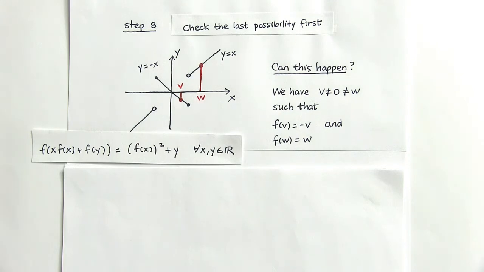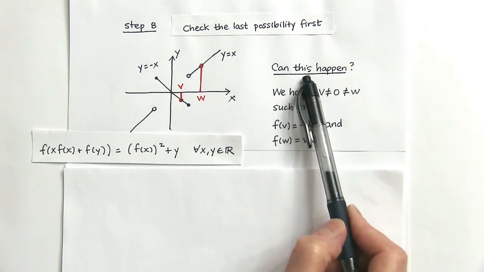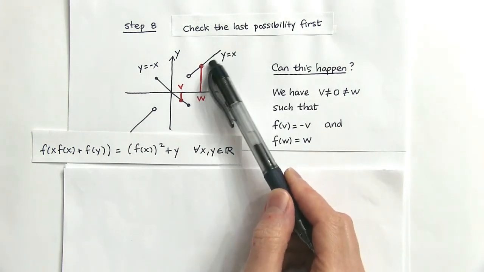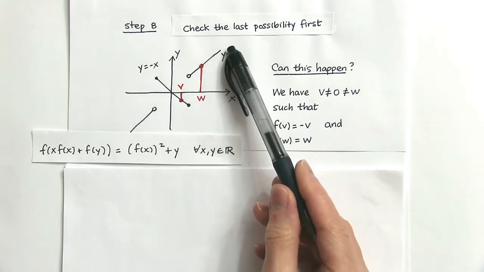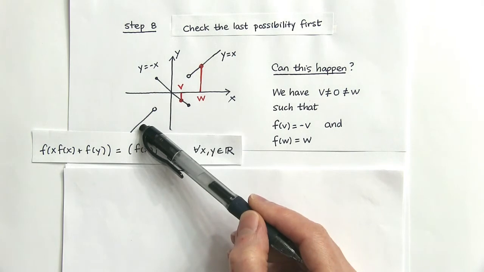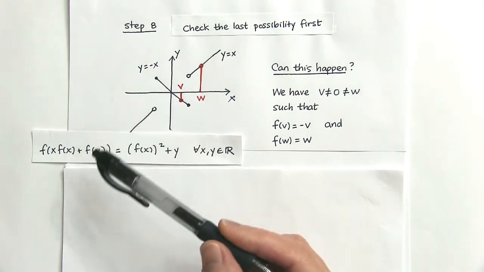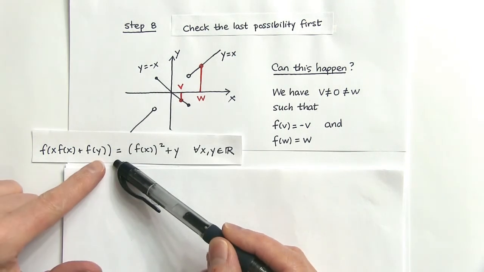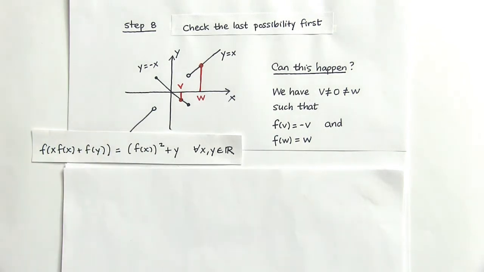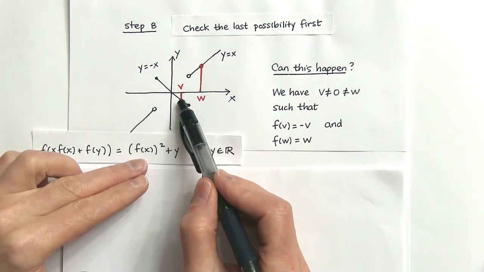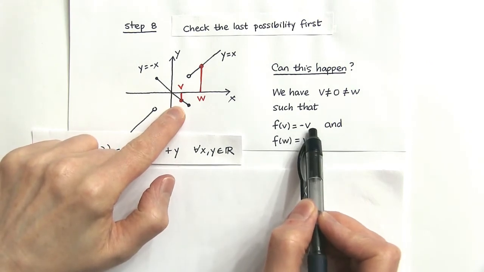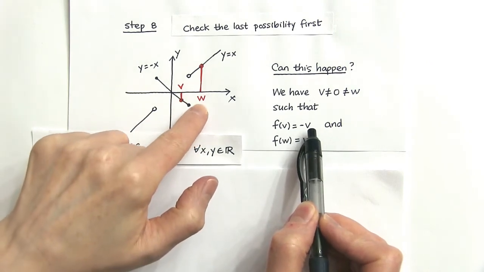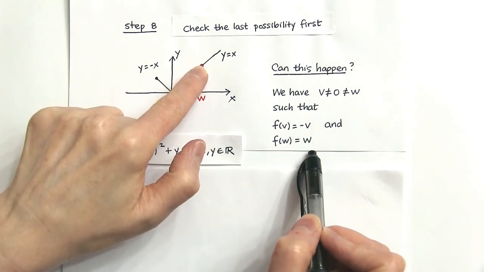Can I have a function which is x part of the time and minus x part of the time and symmetric across the line y equals x, such that it satisfies this condition? So we have a non-zero v which maps to minus v, and a non-zero w which maps to w.